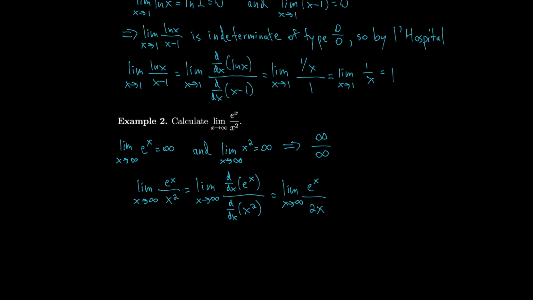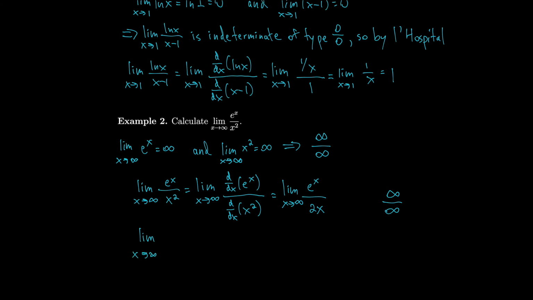At this point, we still don't know how to evaluate this limit. But notice, if you were to take the limit at the top, that's infinity. Limit at the bottom, also infinity. So you can do L'Hopital again, because this thing is still of the form infinity over infinity. It's still indeterminate. So we'll do L'Hopital a second time.